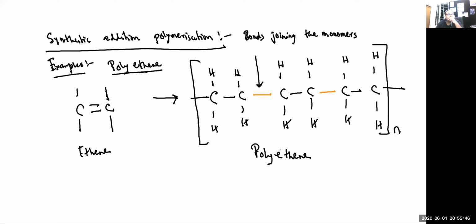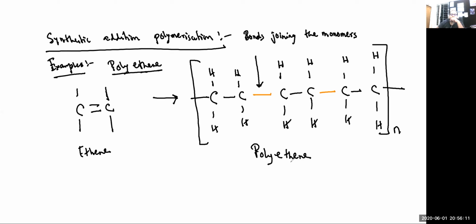So normally we do not need to draw 3 monomers. If they specify that you have to draw 3 monomers, then you have to draw 3 monomers. Normally they do not specify.